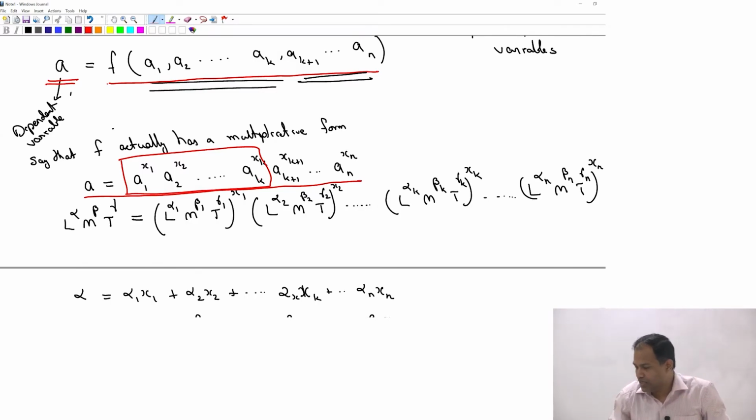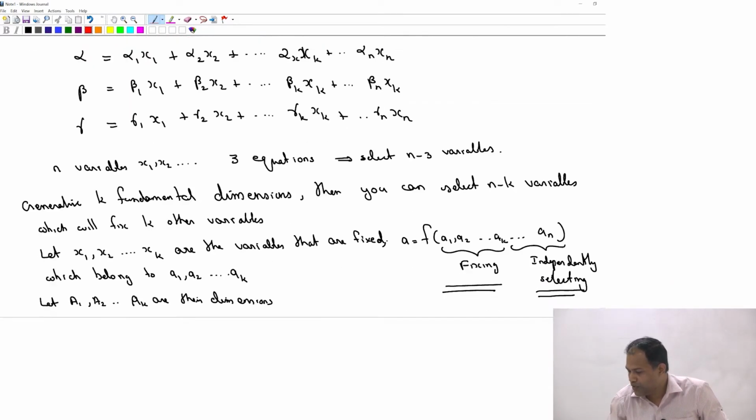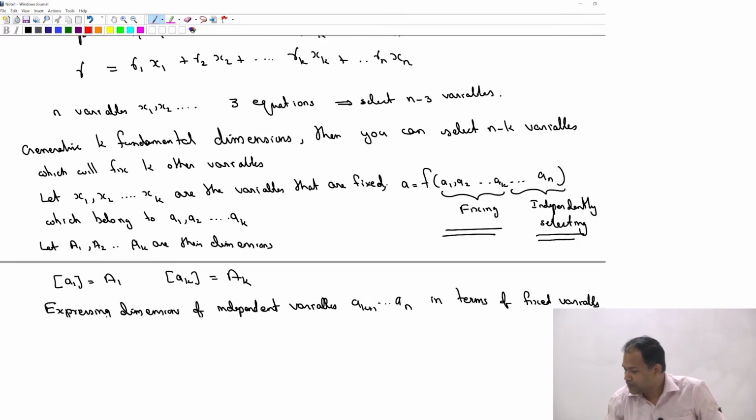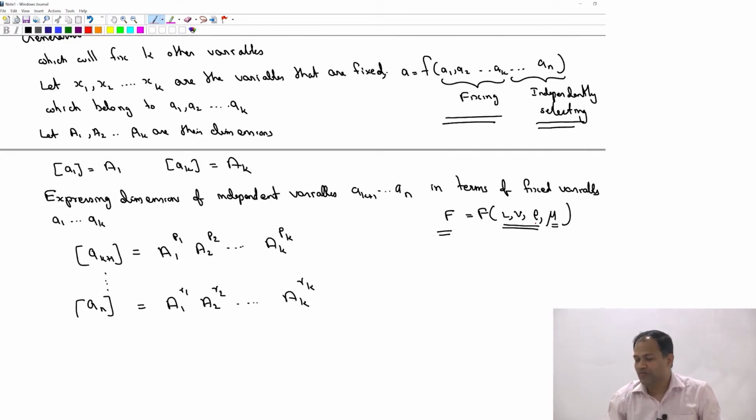That's what I was telling you in the example, where force is a function of L, V, rho and mu, so this is 1, this is 2, etc., and let's say this is the (k+1)th variable.